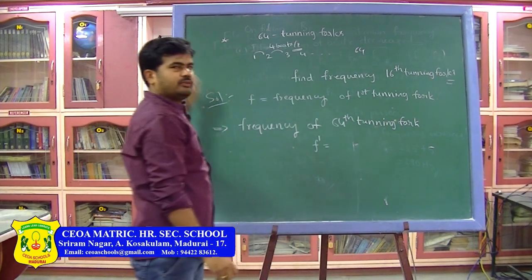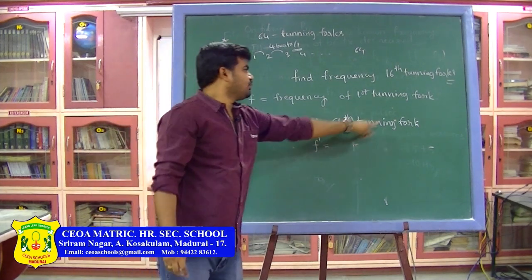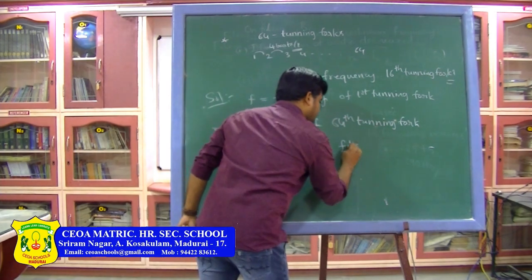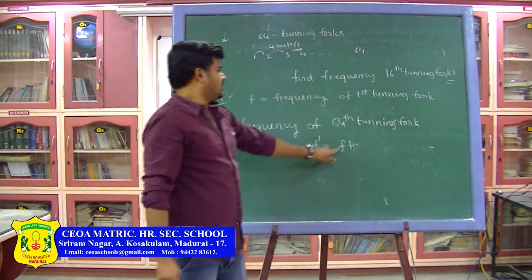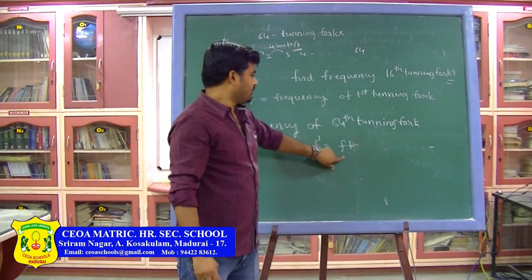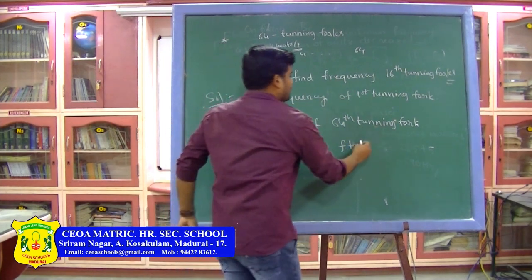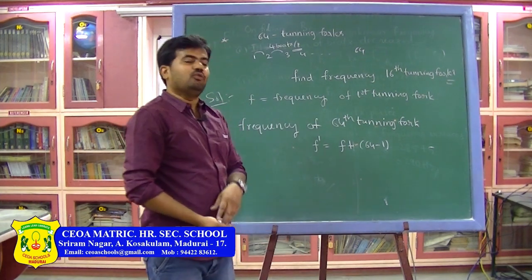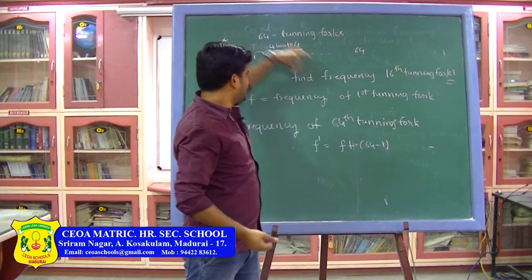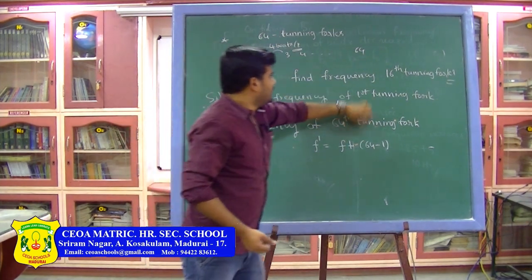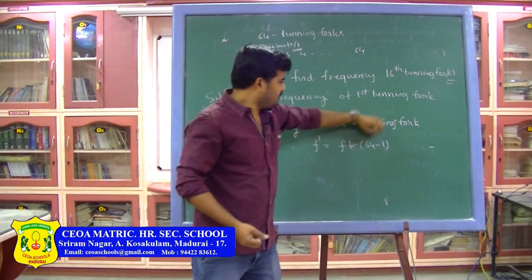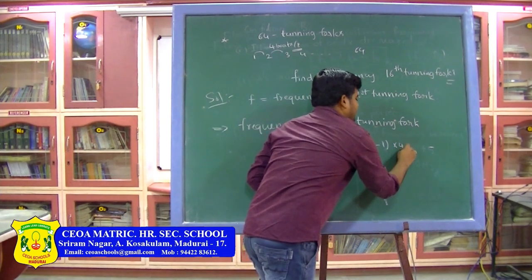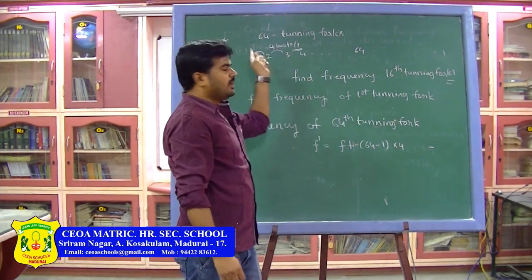So, f dash is the 64th tuning fork frequency, equal to the first frequency plus, taking the first tuning fork f, the remaining tuning forks are 64 minus 1, and each forms 4 beats with the neighboring tuning fork.